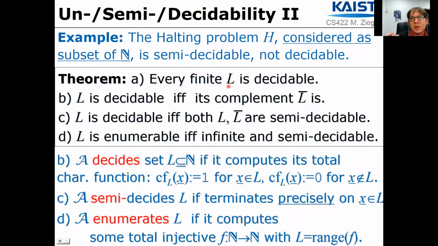And the algorithm can do that by walking through that initialized data that contains all the finitely many elements of L to see whether the input coincides with any of these elements or not. And if it does, then the algorithm can output yes or true or 1.